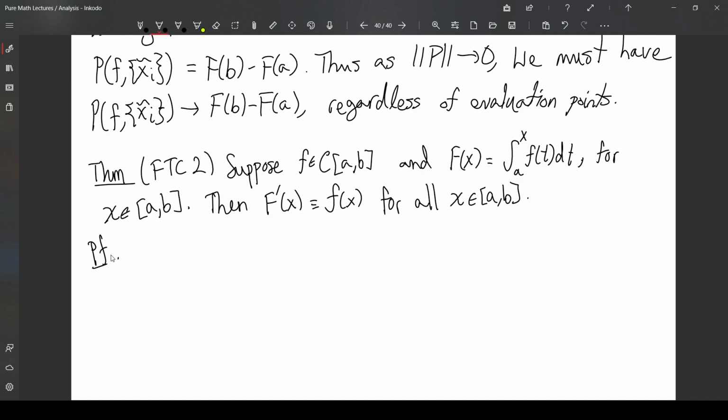So we want to just calculate the derivative of capital F of x, and the way we do that is by looking at, of course, the limit as h approaches 0 of F of x plus h minus F of x over h. And we're just going to plug in the definitions here.